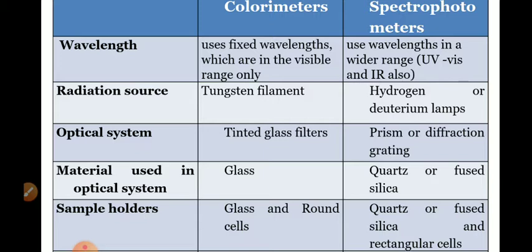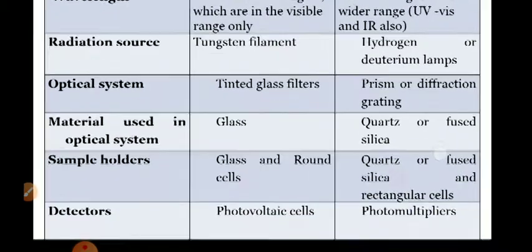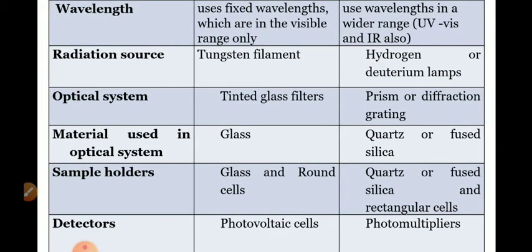The sample holding devices or cuvettes in a colorimeter are round bottom tubes made up of glass. In a spectrophotometer, the sample holder or cuvette is a rectangular cell made up of quartz or fused silica.